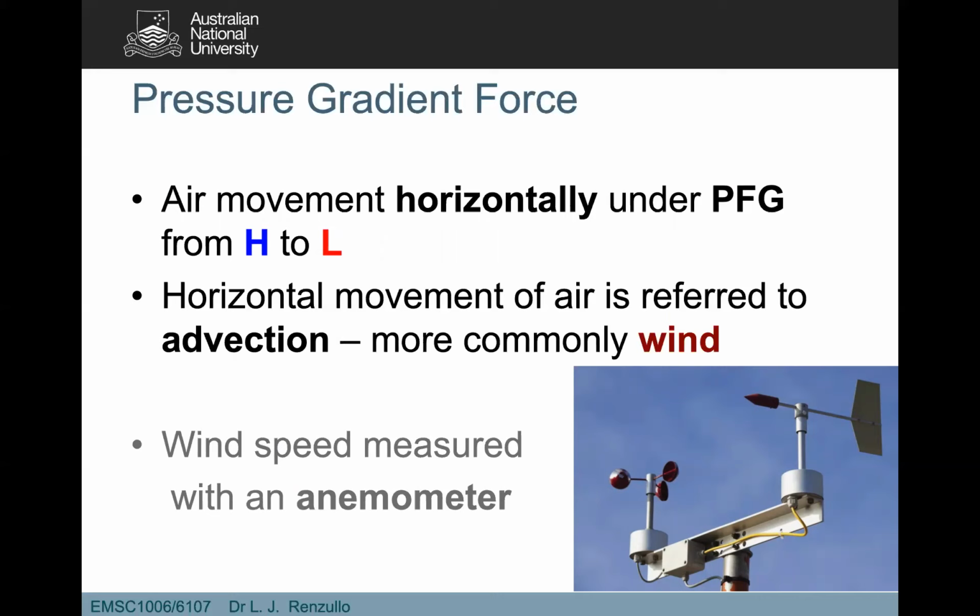And a measure of wind speed is given by an anemometer. These are a series of cups on a rod. They will rotate with moving wind. The faster the rotation, the stronger the wind, and it's a way of measuring wind speed. The arrow on the right is a measure of wind direction. Those two things combined are a useful source of predicting the flow of air from one area to another.